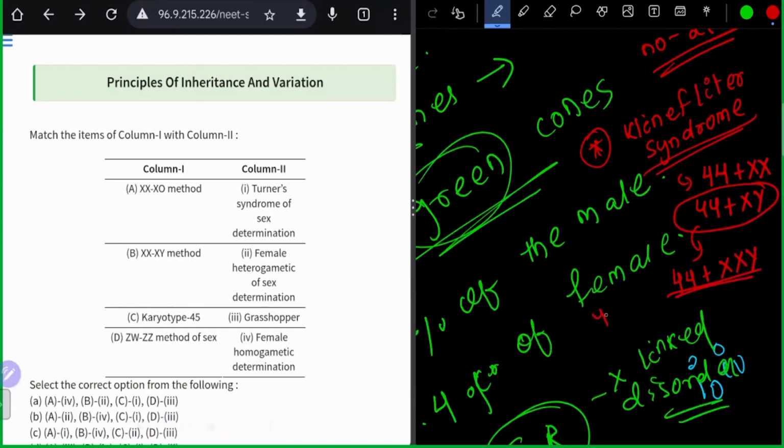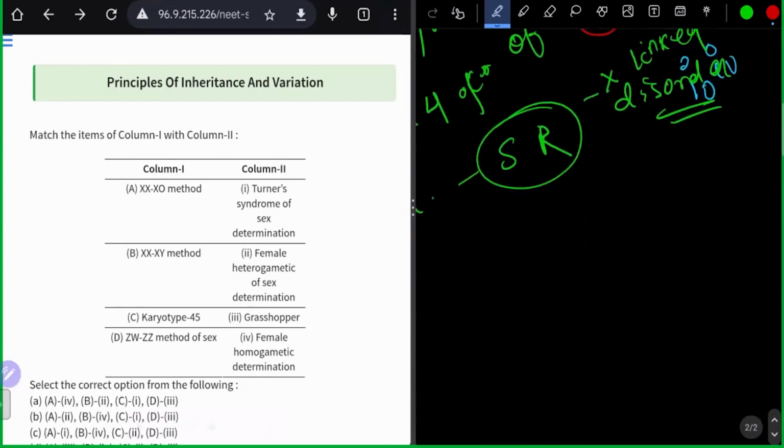That means the karyotype is 47, or 44 plus XXY. 44 are the autosomes. Okay, so the main feature of Klinefelter syndrome that you will find is gynecomastia. That means development of breast in male due to presence of extra X chromosome.